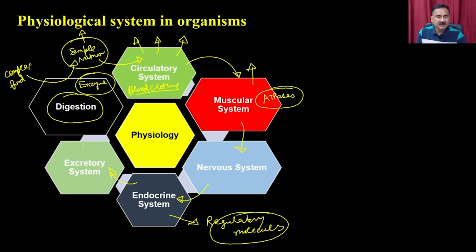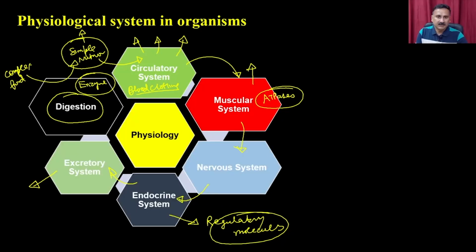And then we have the excretory system. In the excretory system we also have different types of enzymes which regulate the renal activities, and that is how they also contribute to running the physiology of the organisms.